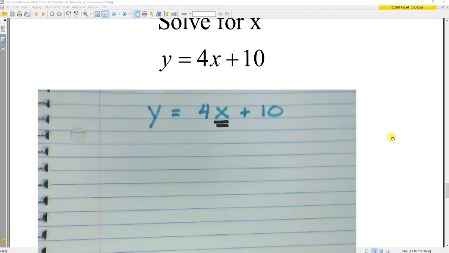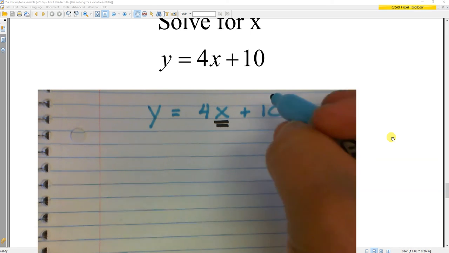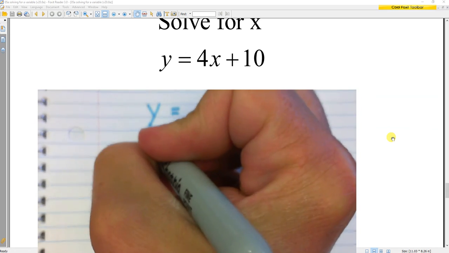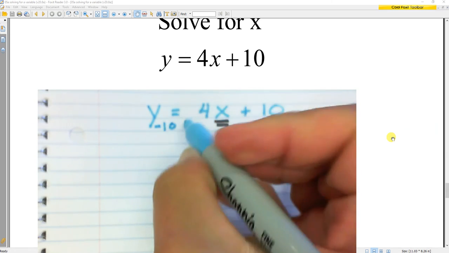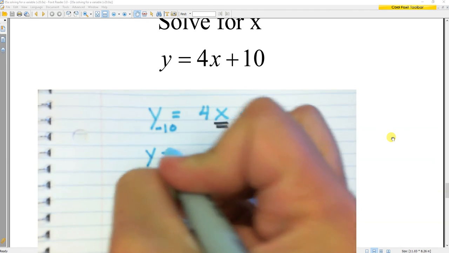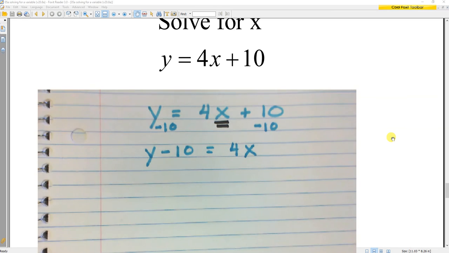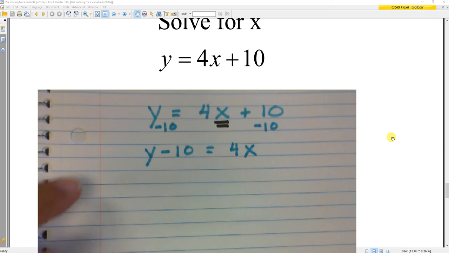Who should I deal with first, the 4 or the 10? Remember, I like to sneak up on the x. I'm going to deal with the 10 first. So subtract 10 from both sides. So I have y minus 10 equals 4x. The y and the 10 can't play together, so they just sit next to each other.